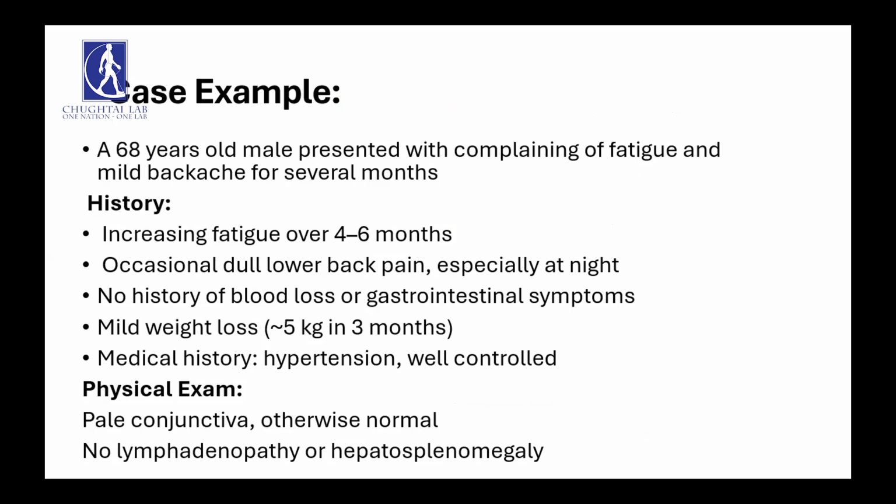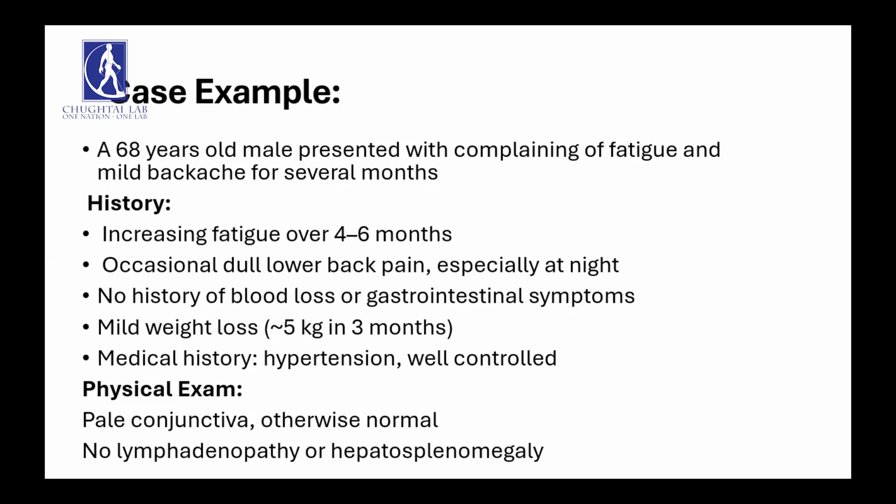Medical history is hypertension, which is well controlled. On physical examination, there is only a pale conjunctiva, otherwise no lymphadenopathy or hepatosplenomegaly. So we have an old patient complaining only of backache, weakness, and fatigue, with no significant past medical or surgical history and no significant physical examination.